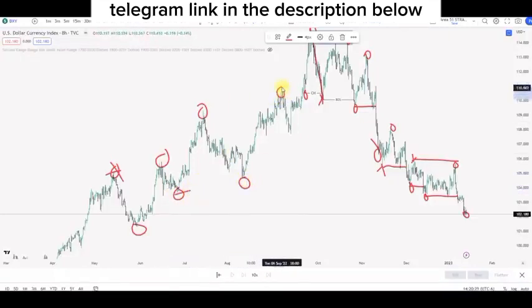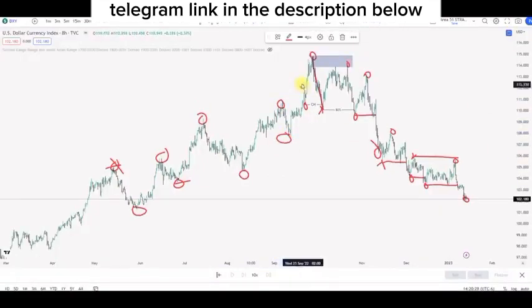Then you have a mini higher high, higher low, and then higher high. So what we get here is a change of character. Once the price breaks this demand zone or higher low, now you are waiting for the pullback towards your point of interest area, and then you initiate the trade targeting these lows.